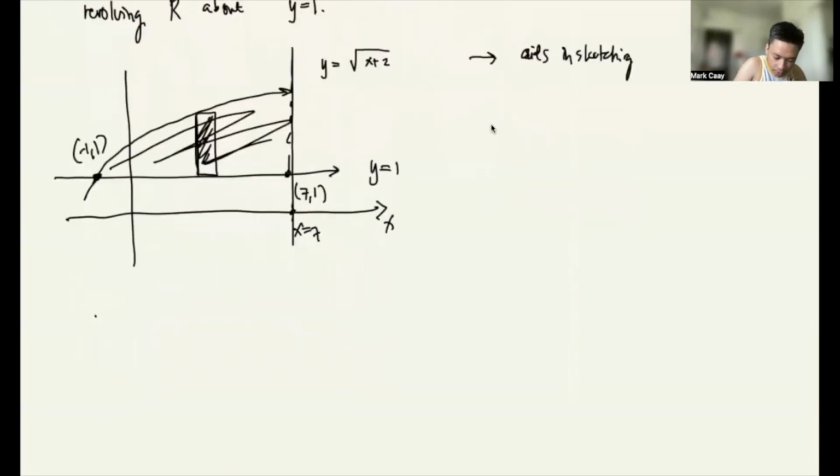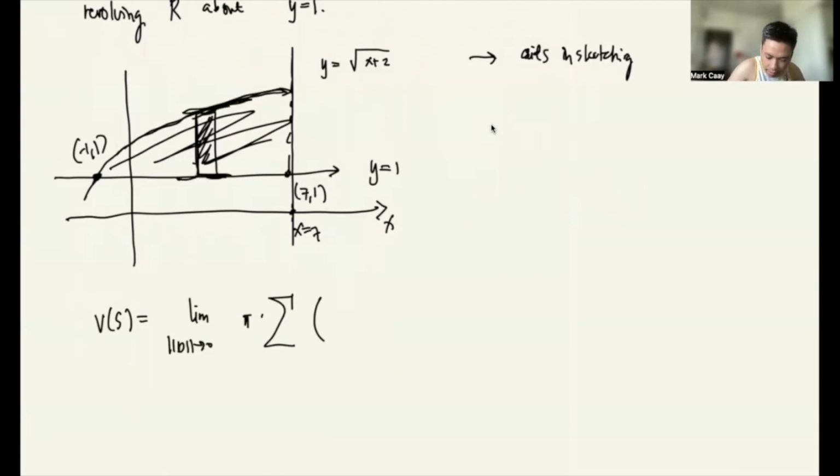Okay. So, what happens now? Our volume is equal to the limit of pi summation. So, this is the limit as t goes to 0. Ito yung bound natin sa taas, di ba? Ito yung length. So, ito yung bound minus ito.